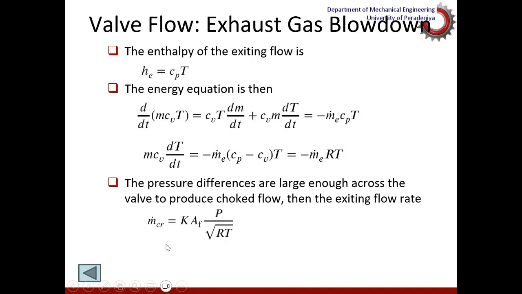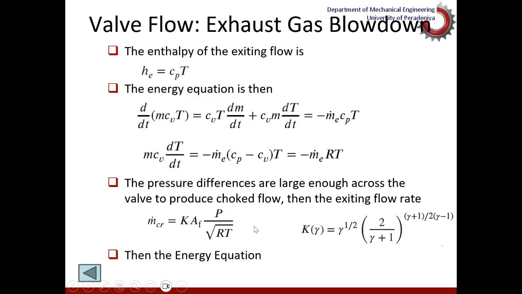This is something that we looked at earlier, where K is a function of the specific heat ratio. So it is the same equation that we looked at earlier. Then we can substitute this one into the energy equation instead of this me dot, so that the equation becomes this one, where me dot is replaced by this one.